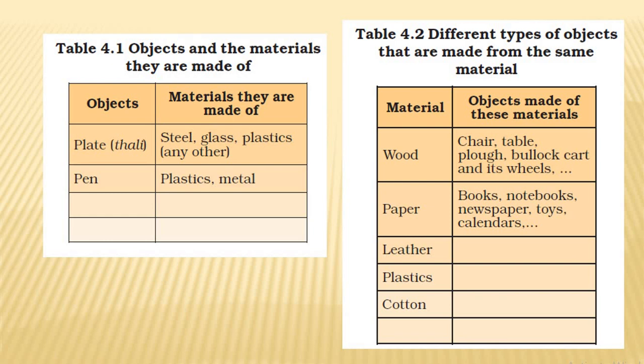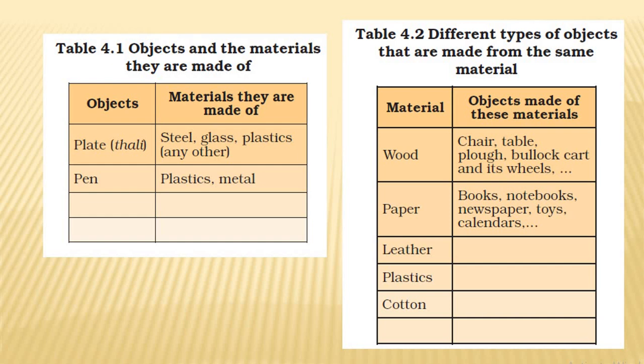All these materials make the plate. Similarly, pen is the object. And what are the materials it is made up of? Pens are made up of plastics and metal. Yes. Let us see table 4.2.